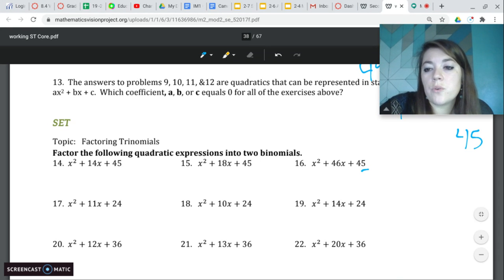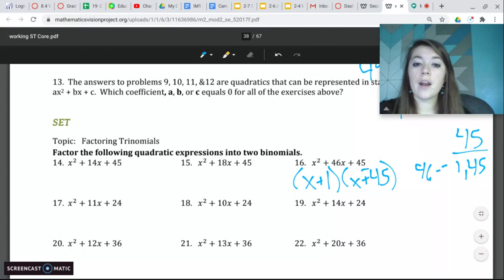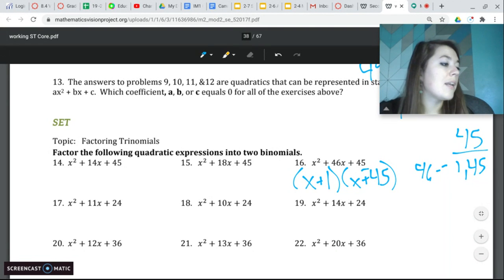We need to find what 2 numbers can multiply to give us 45, but add to give us 46. Well, 1 and 45, if we add those together, they equal 46. So we're going to have x plus 1 times x plus 45. So there is our solution. Now, we're also going to do number 14 as well.